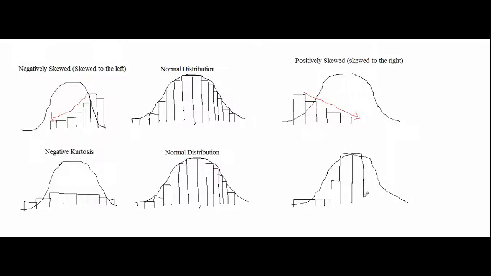And then it goes up higher than the normal distribution, so it might even go up this high. And then it goes down suddenly again, pretty quickly, and then it becomes this flat tail down here.